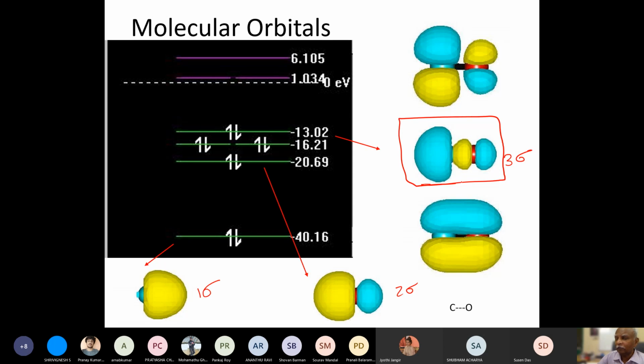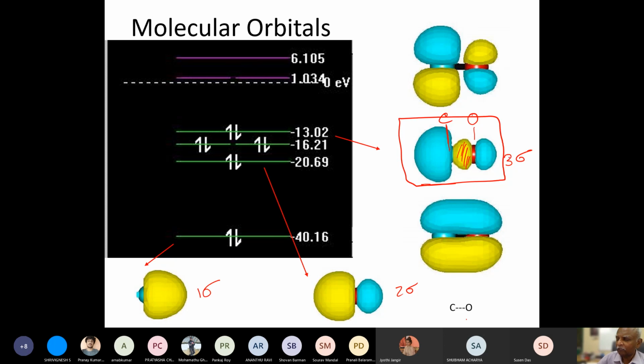But unfortunately, if you look at the 3 sigma, there is a lobe in between the carbon and the oxygen. This is the oxygen end. Here, somewhere here is the carbon buried inside. It's shown here. So this is the orientation.